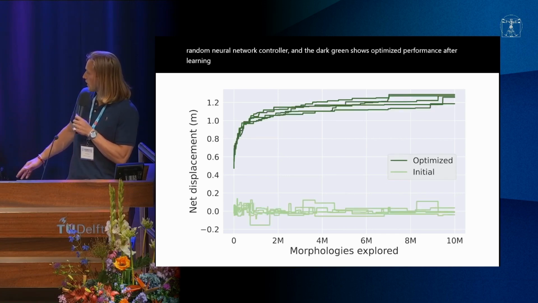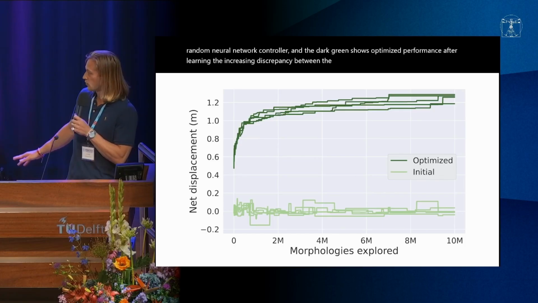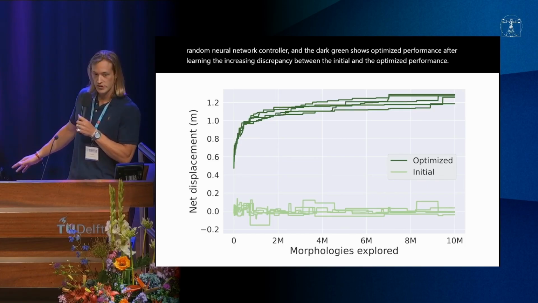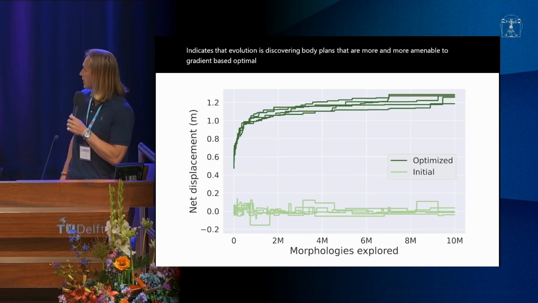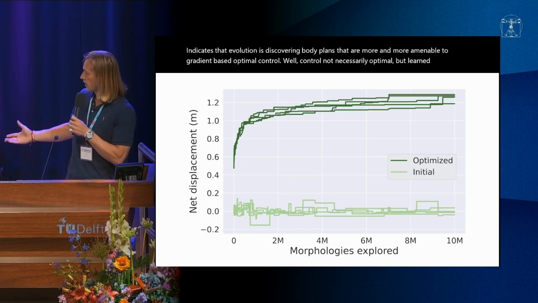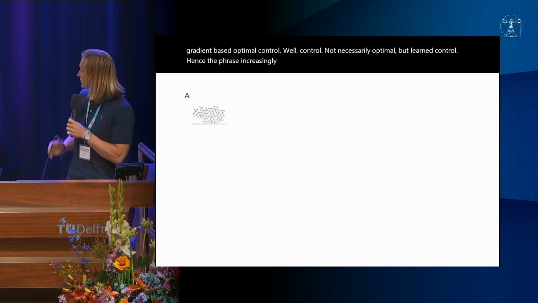The increasing discrepancy between the initial and the optimized performance indicates that evolution is discovering body plans that are more and more amenable to gradient-based optimal control. Well, control, not necessarily optimal, but learned control. Hence the phrase increasingly differentiable robots.